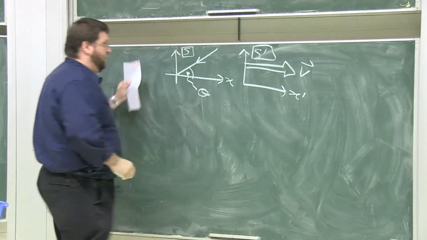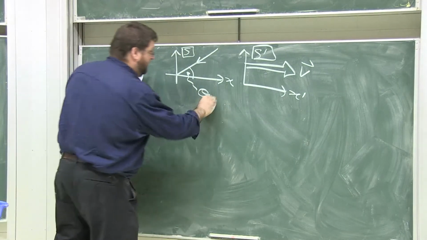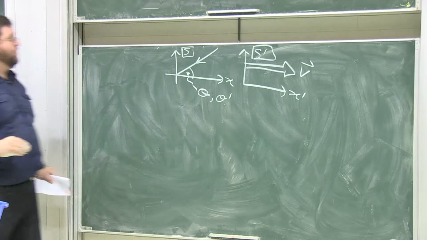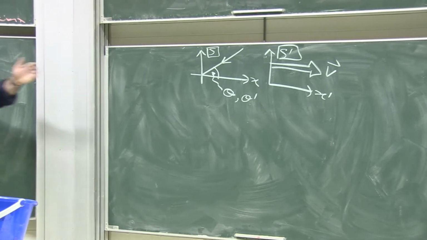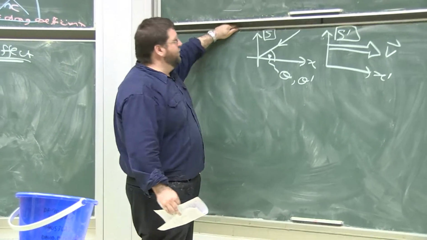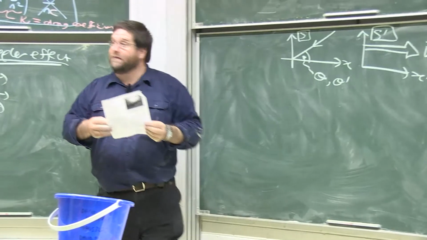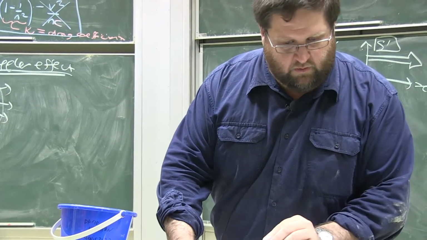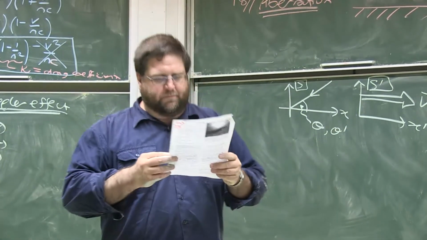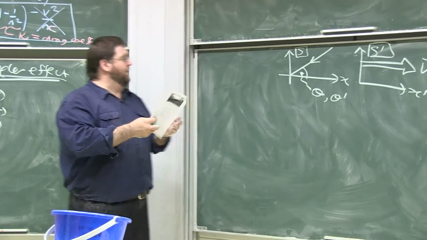And we could ask the question, what angle, theta prime, does S prime ascribe to that light ray? And in general, they'll be different. Our experience with raindrops suggests that they will be different. The purpose of this section is to calculate the difference. So the relativity of direction.